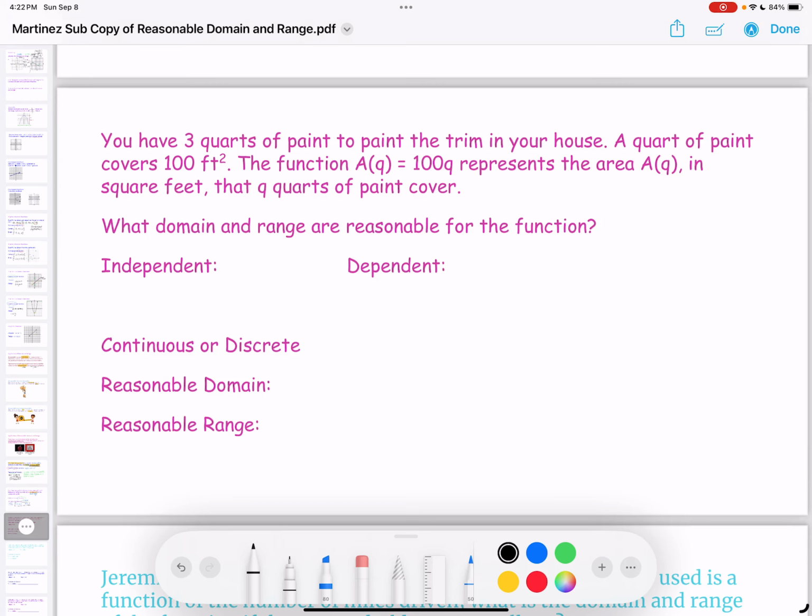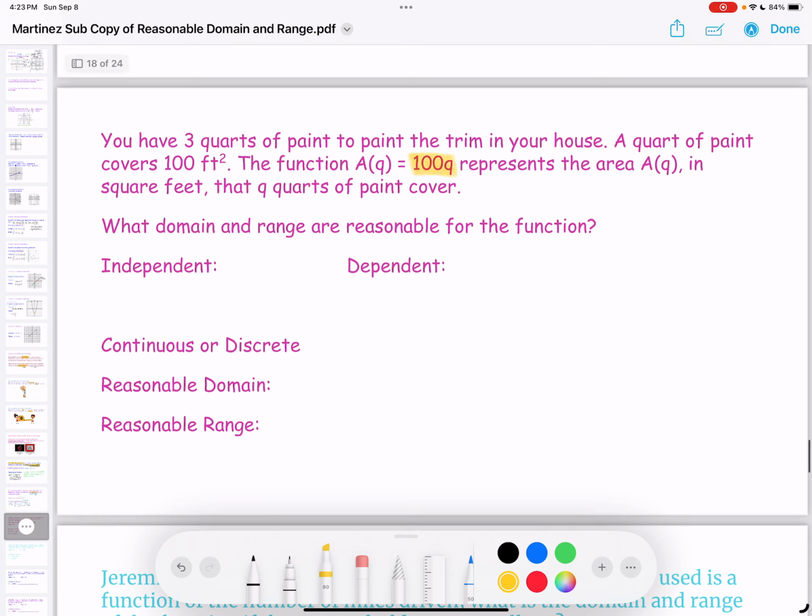So we want to determine the independent and dependent, okay? So I like to use the information that we can see, right? So Q right here is going to be our input or our independent variable. Q is for quarts. So 3 quarts of paint. A is a function of Q. So that means A is going to be the dependent or the Y values essentially.